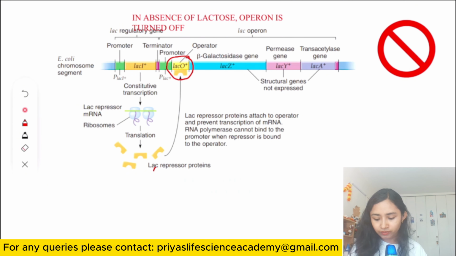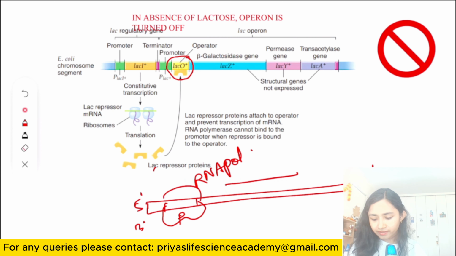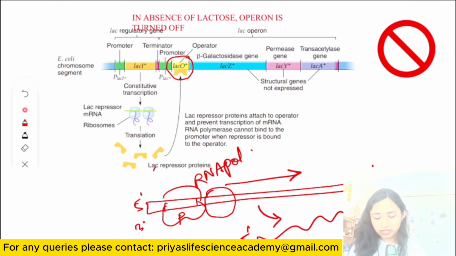If you see here, if this is a gene, this is the promoter region, and in the promoter region, RNA polymerase enzyme can bind and transcribe, and from the DNA, mRNA is produced. But if the operator region is blocked by a repressor, how can the RNA polymerase go and start the transcription of the entire gene?